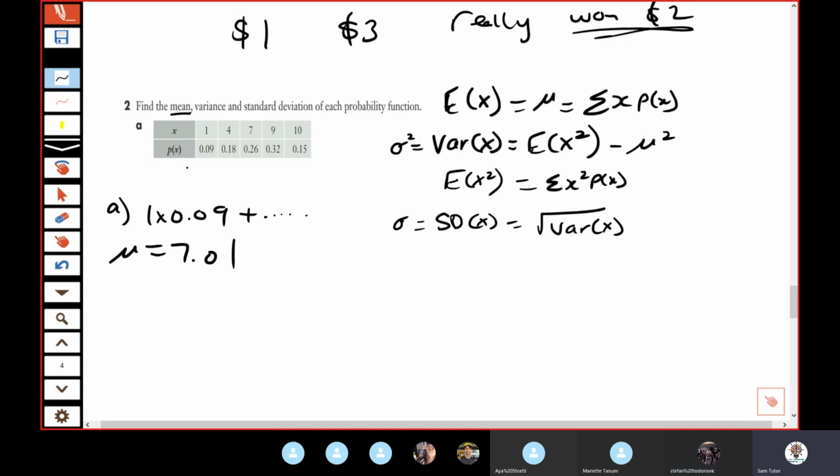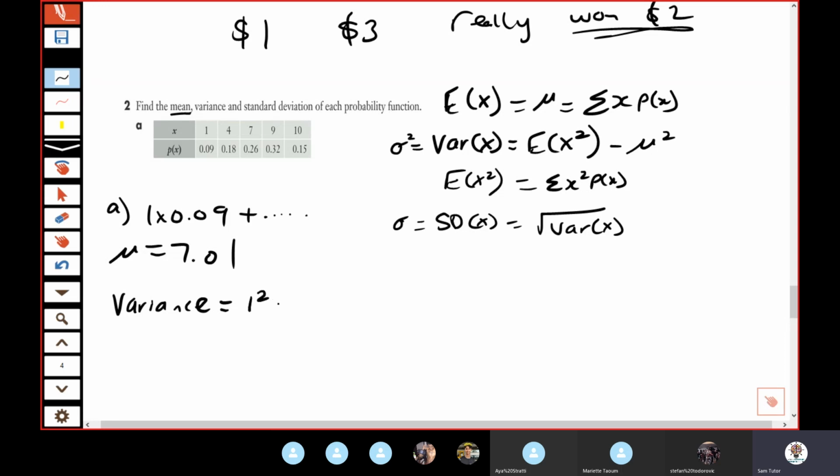Nice. Variance. Variance looks like this: E of x squared. So that means summing your x squared multiplied by the probability.